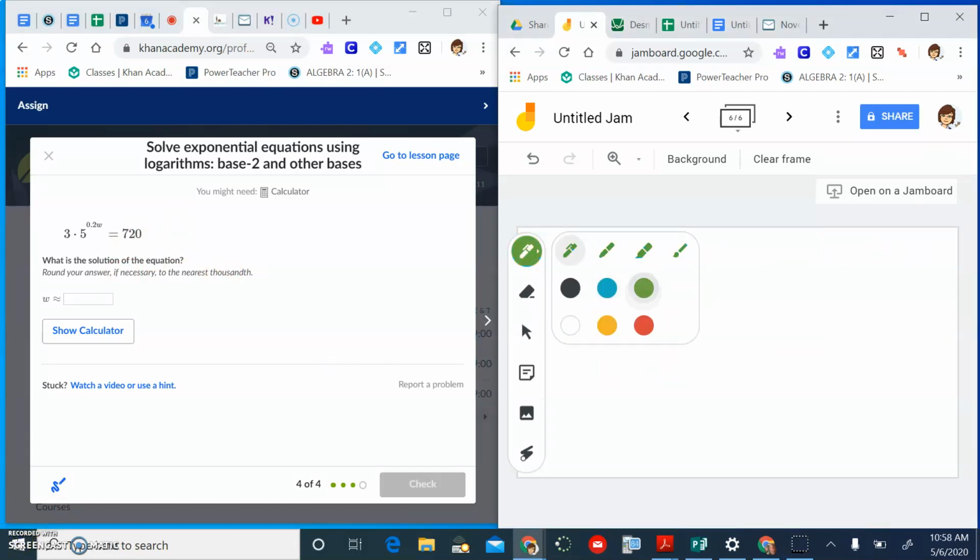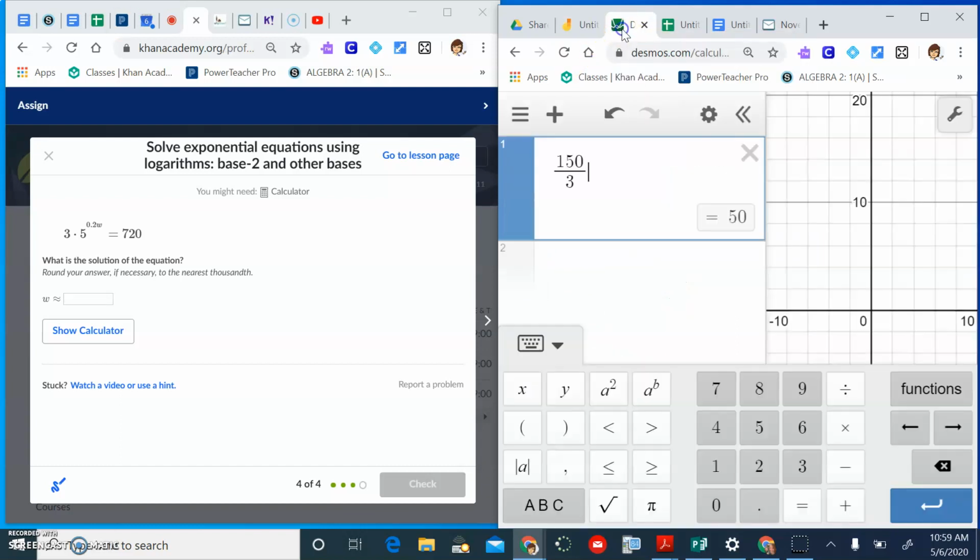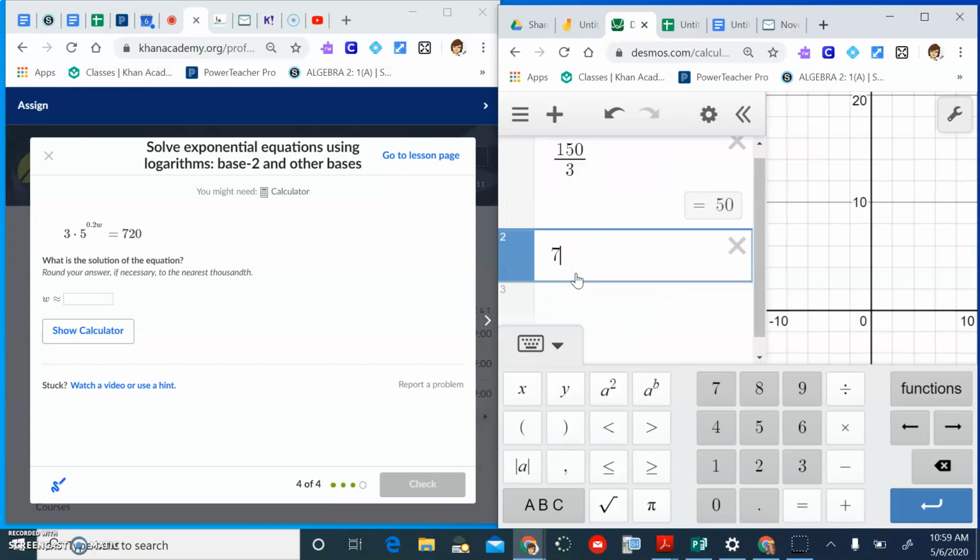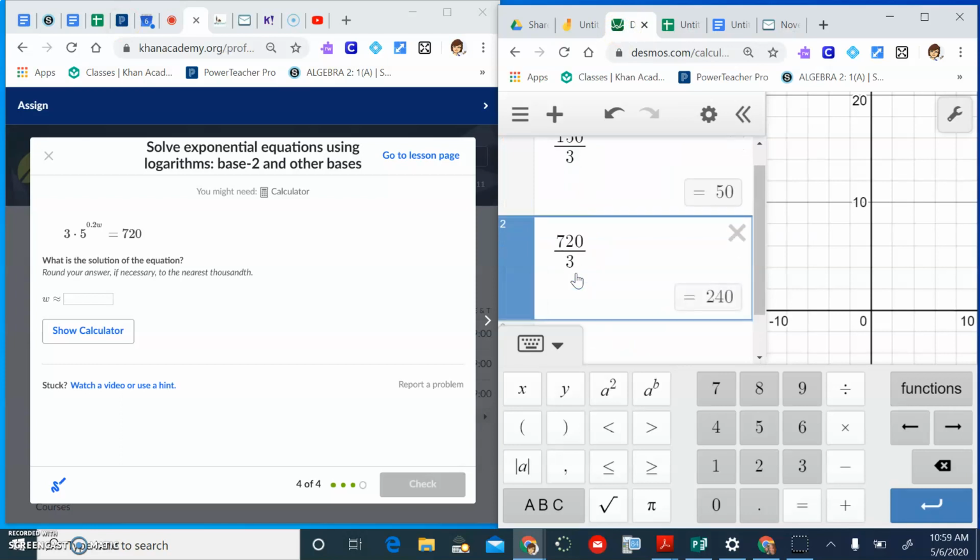So we're going to start the same. You divide both sides by 3 to get rid of that 3. So 5 to the 0.2 W equals whatever 720 divided by 3 is. 720 divided by 3, 240.